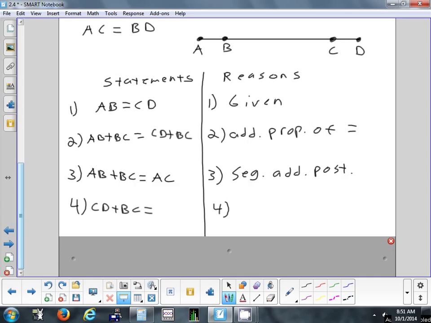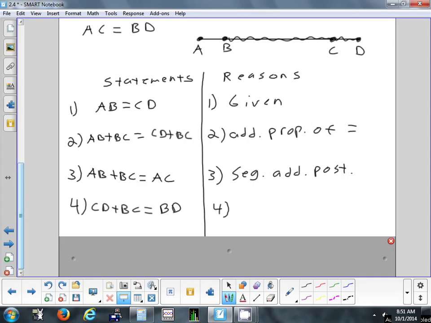So in this case, it might even make more sense to say it that way. You're taking CD plus BC. BC plus CD equals BD. Yeah, perfect. Those add up to BD. Good. Everyone see why CD plus BC gives you BD?